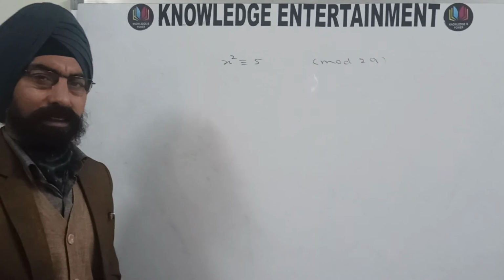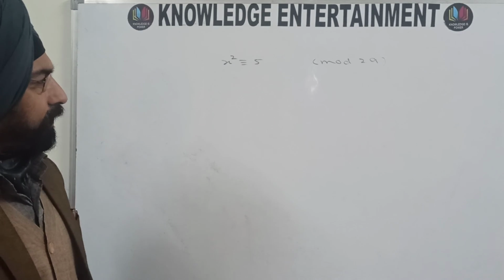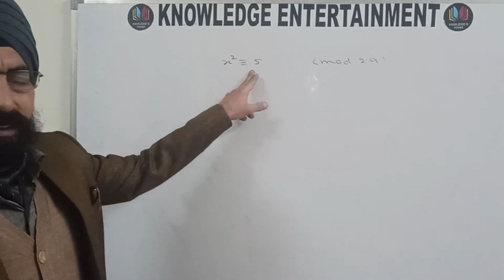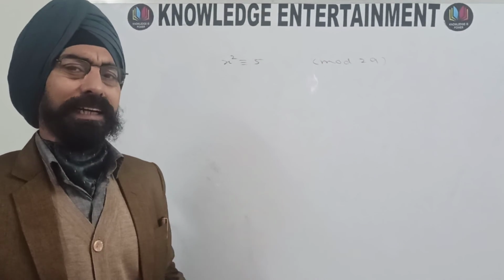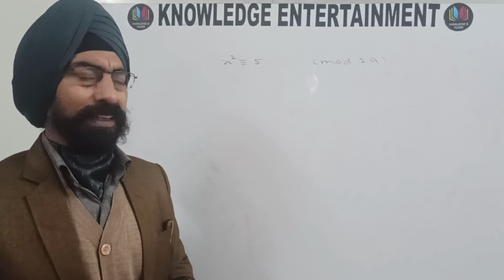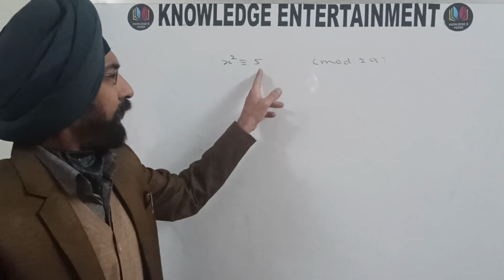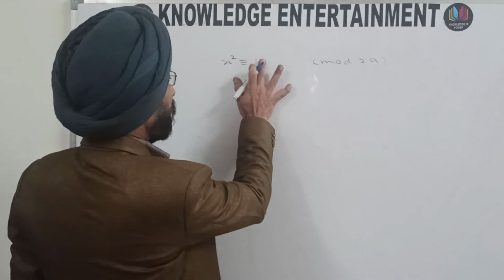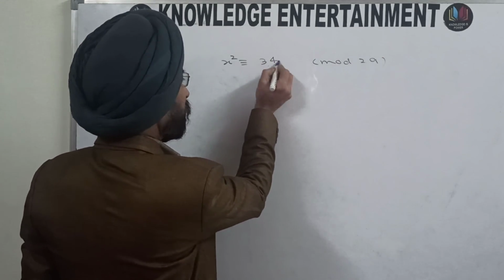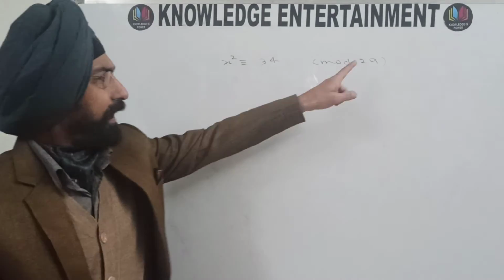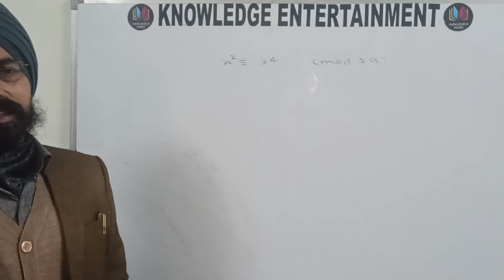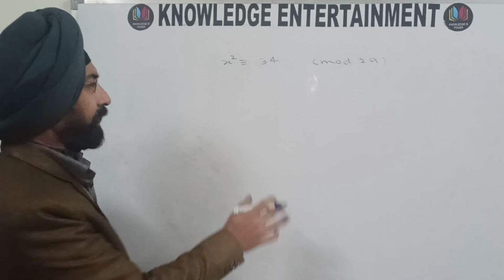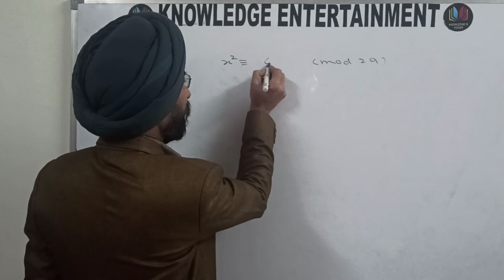Let us see what the solution is. So it is 5. Add 29 a number of times till you get a perfect square. So 29 plus 5 is 34. Still not a perfect square. Add 29 once again. 34 plus 29 is 63.